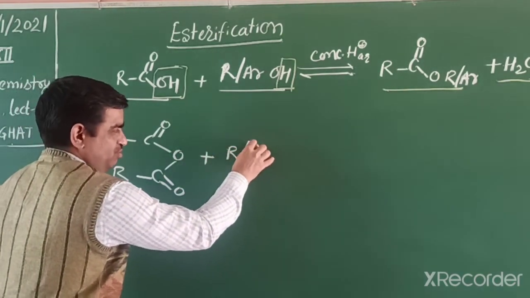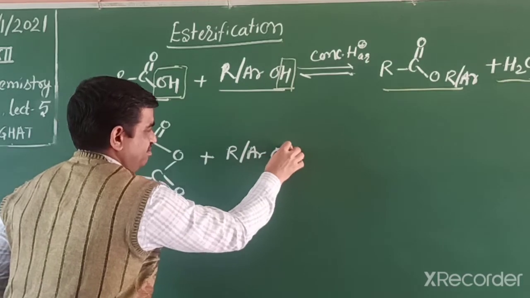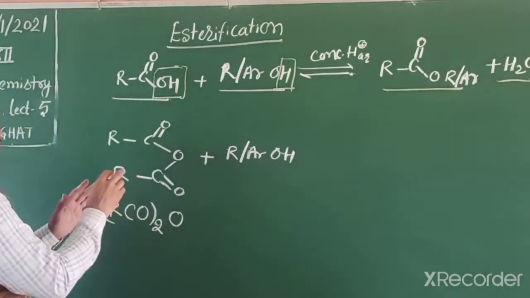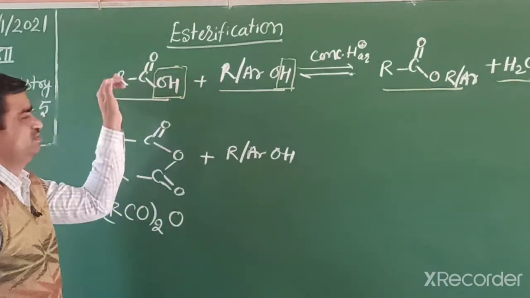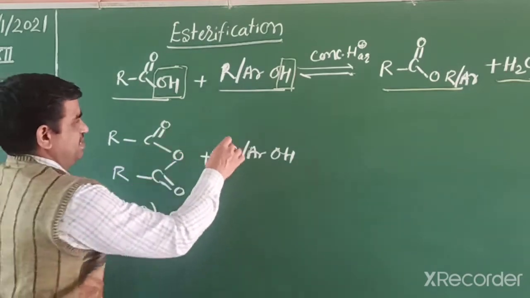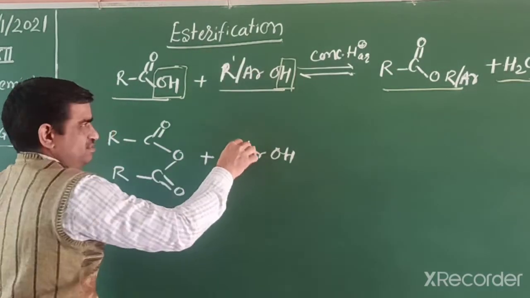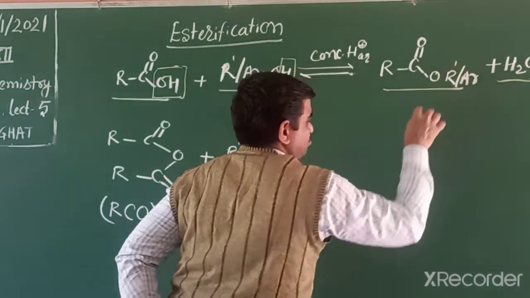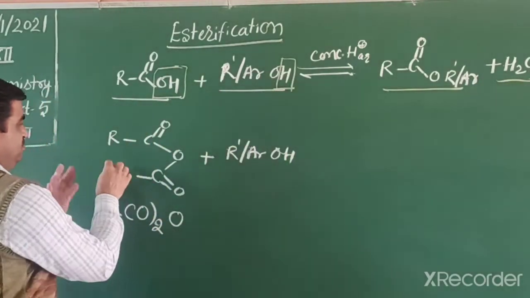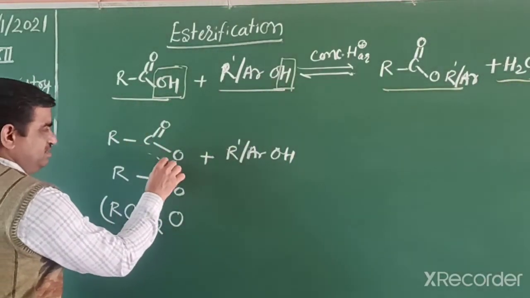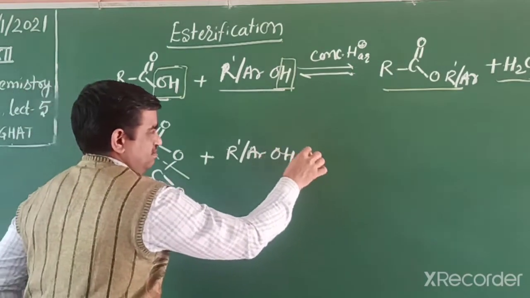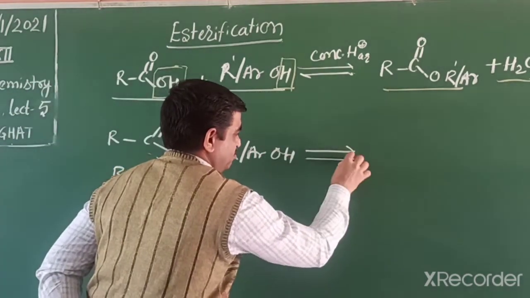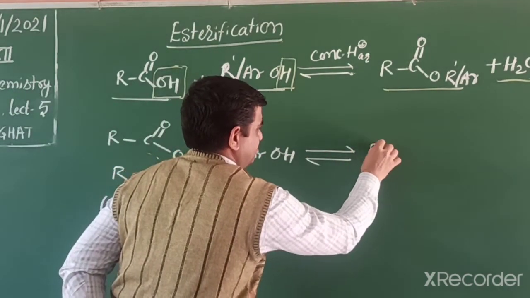alcohol or phenol, we can write R, maybe the same or different, R dash. You can write R dash here to differentiate and identify. So this bond dissociates, and we get the corresponding ester.